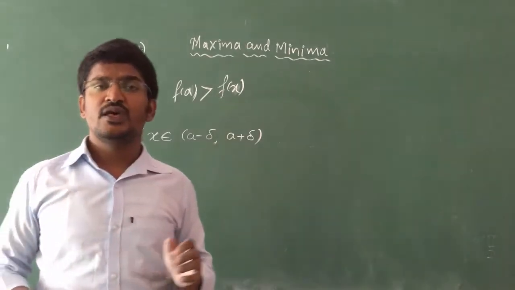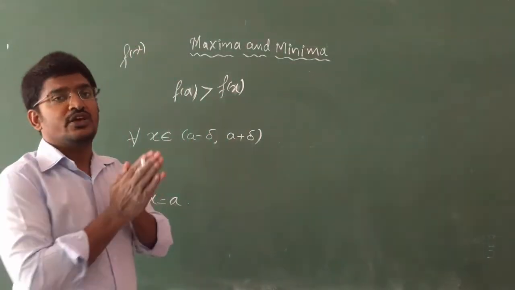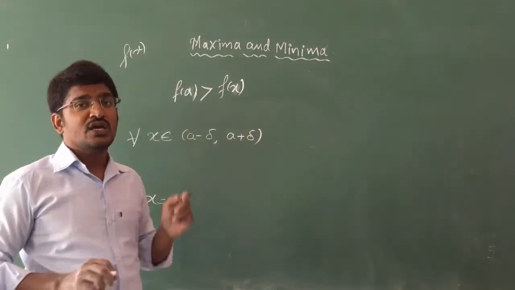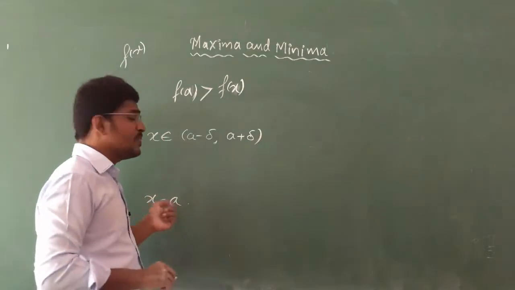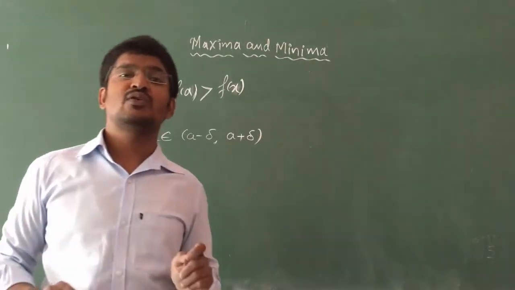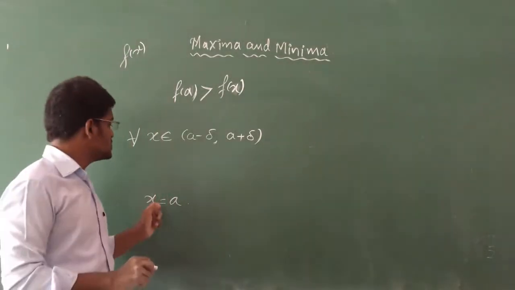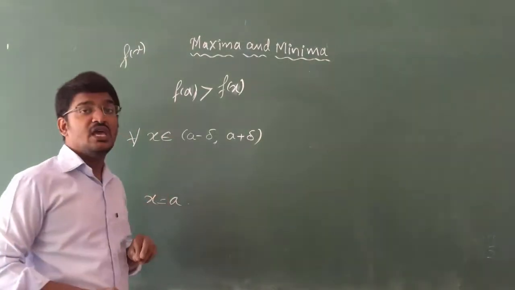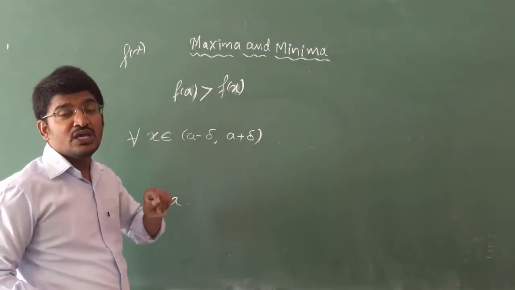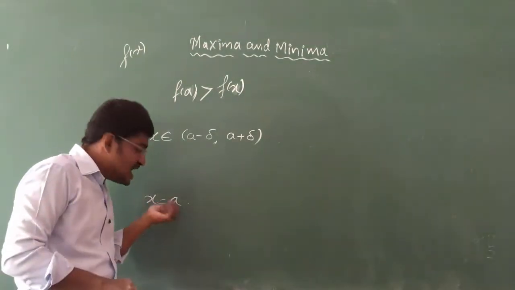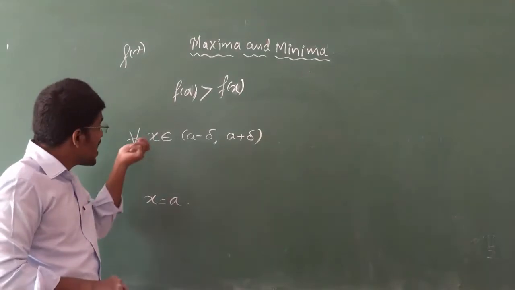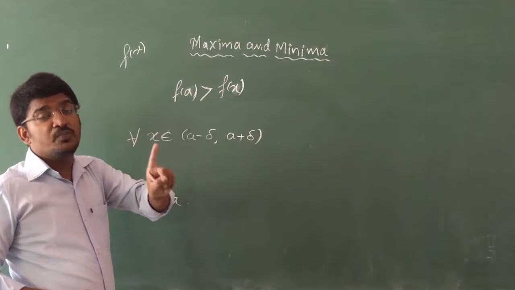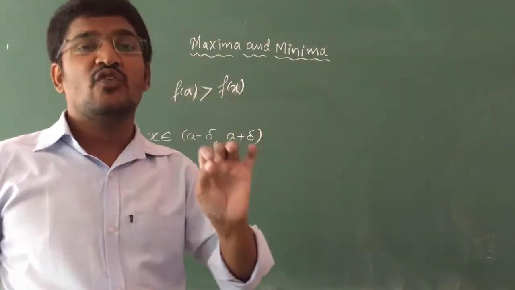Again I am telling, for the given function f of x, if you want to calculate the maximum term, what you have to do? You have to choose one point a, you have to create the neighborhood, delta neighborhood for this a. Clear? After creating the delta neighborhood for this a, what you have to do? You have to check for this a, and every value of x in this delta neighborhood, f of a must be greater than f of x.